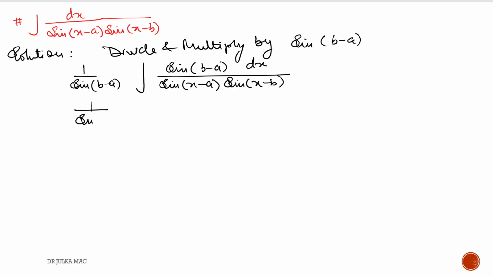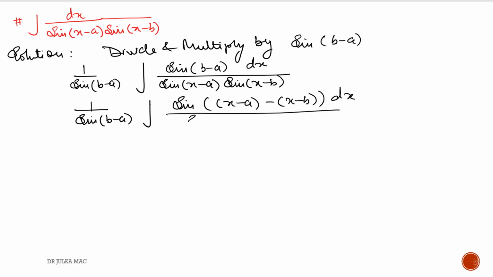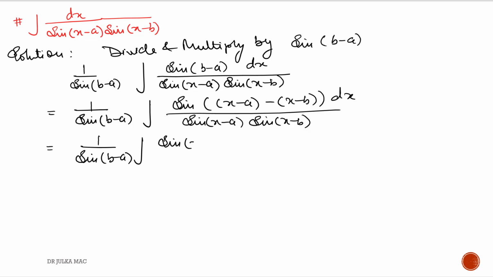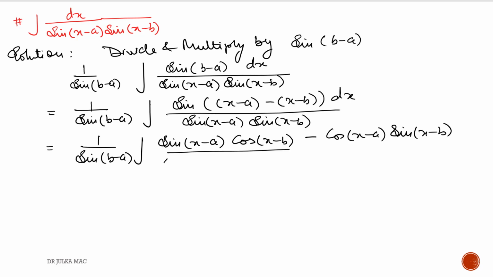In the numerator, we can write sin(b minus a) as sin of (x minus a) minus (x minus b). We know the formula of sin(a minus b). It is sin a cos b minus cos a sin b. So in the numerator we have sin(x minus a) into cos(x minus b) minus cos(x minus a) sin(x minus b), whole divided by sin(x minus a) into sin(x minus b).